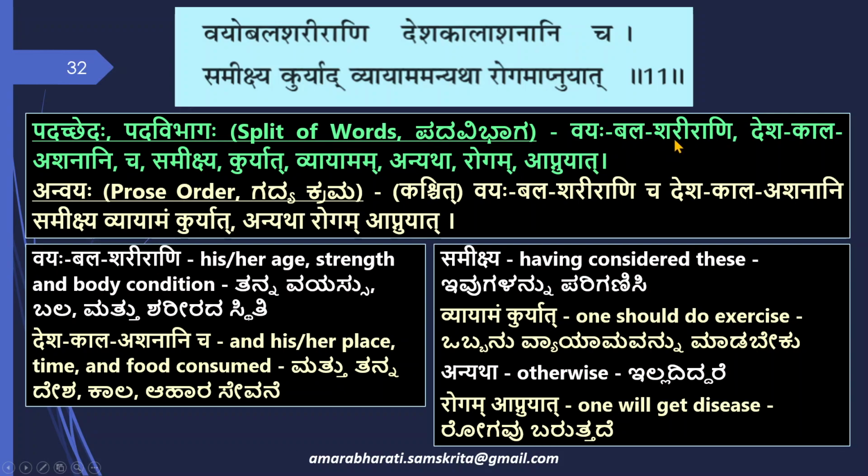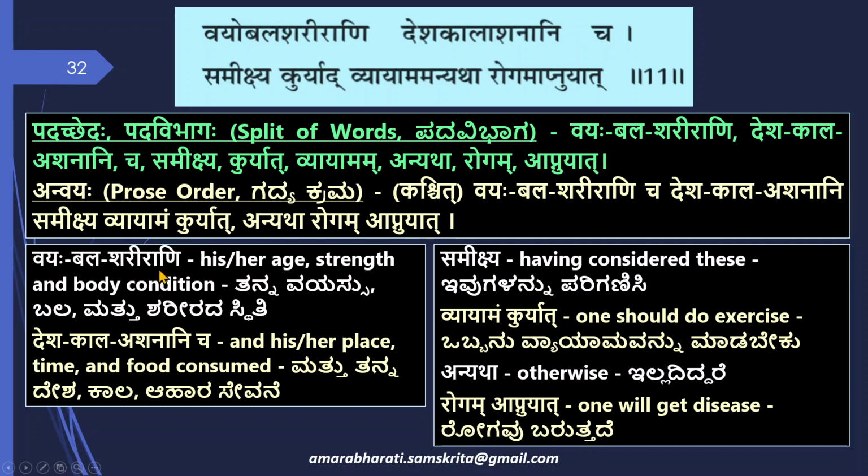Vayaha bala sharirani desha kala ashanani cha samikshya kuryat vyayamam anyatha rogam apnuyat. Anvaya, prose order. Kaschit vayaha bala sharirani cha desha kala ashanani samikshya vyayamam kuryat anyatha rogam apnuyat.